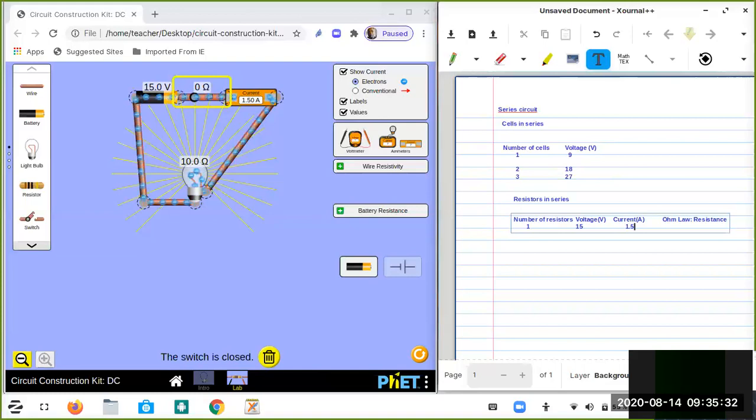The resistance there, we are shown that it is 10 ohms. That's 10 ohms, all right? Now, we are going to add one more resistor, then we check our current and the voltage.